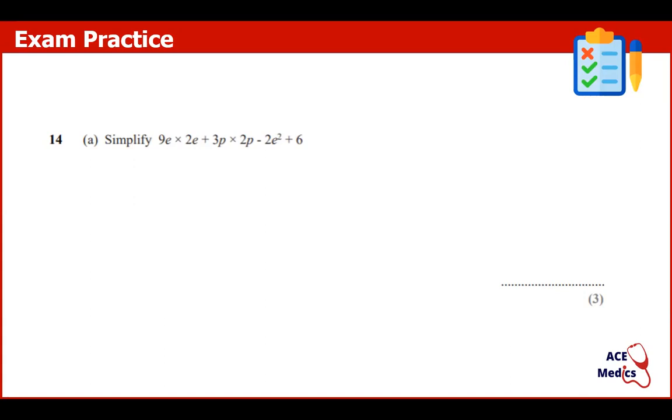You're almost right. Almost right again. What needs to go with that E? Have a look.